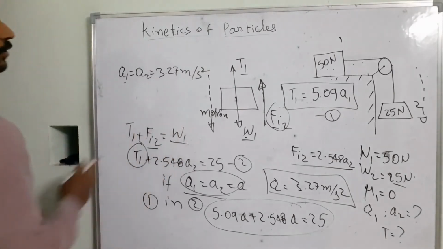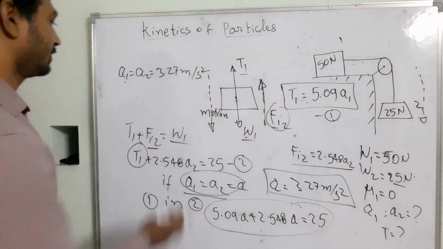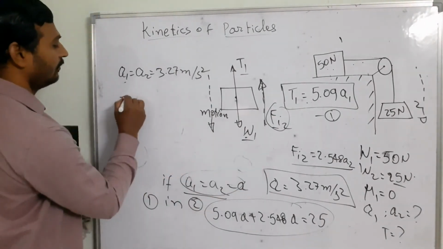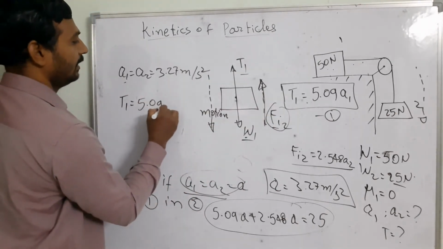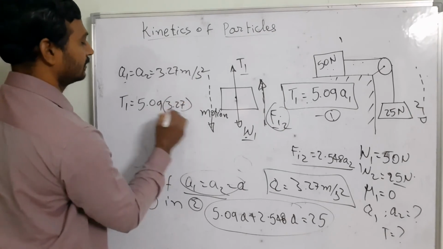Once you have calculated this, we need to calculate the tension in that part. So how are we going to get the tension? T1 is equal to, substituting in your equation 1, 5.09 into A1, which is 3.27.